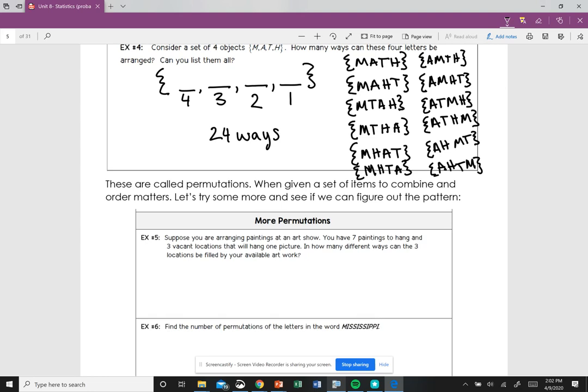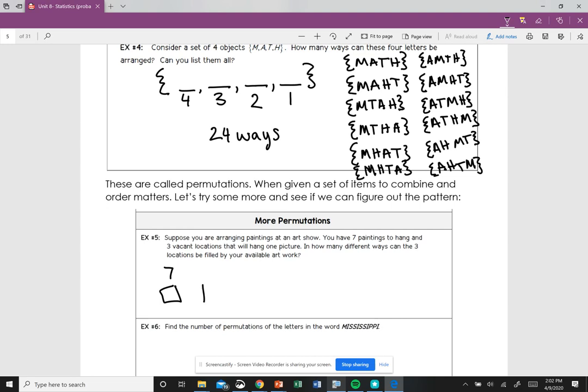So suppose we're hanging the paintings at an art show. You have 7 paintings to hang and 3 vacant locations that will hang one picture. How many different ways can the 3 locations be filled with the available artwork? So how many paintings can go in that first place? 7, right? Now we've used up one of the paintings.